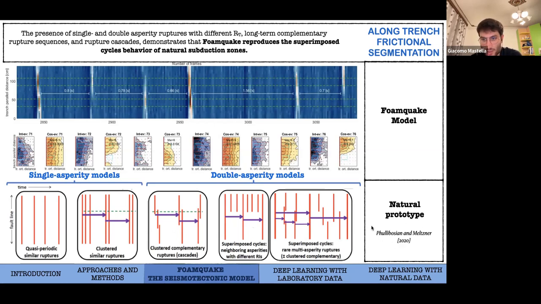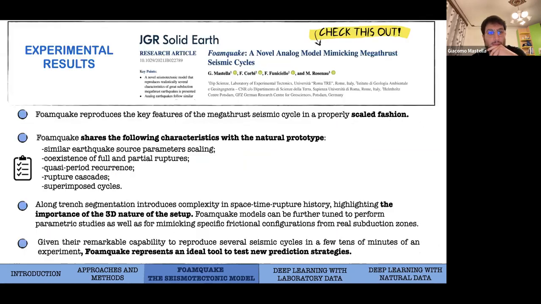And especially, if you are interested in understanding better what a superimposed cycle behavior means, I suggest you read this nice paper from Philipp Bosian and Meltner. And if you are also interested in what I showed you so far, we recently published a paper in JGR about these experimental results, so you can check out this article.